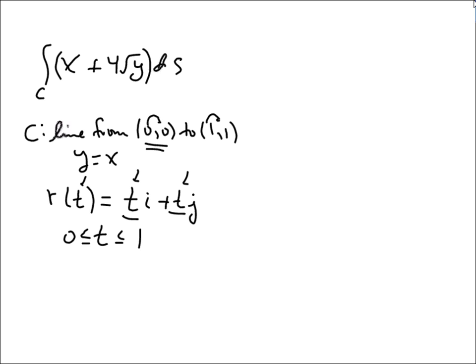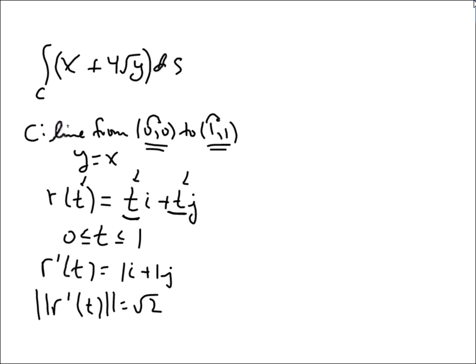R of 1 would be 1i plus 1j, which is 1, 1. So it is working. Now, r prime of t is 1i plus 1j. And you should know the length of that vector. It's the square root of 2. You go over 1 and you go up 1. It's the famous 45-45 degree right triangle. 1, 1, square root of 2.